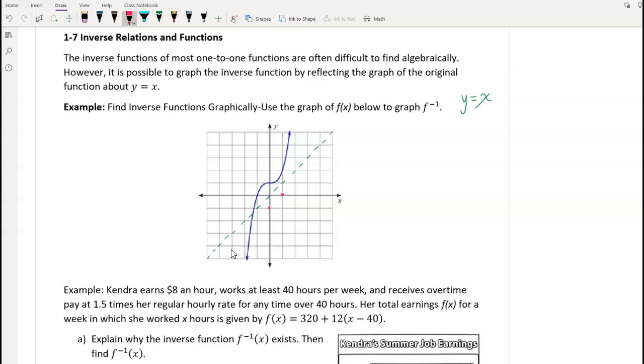If I'm at (1, 2), I'm going to be at (2, 1). And so basically, we're just doing the opposites.